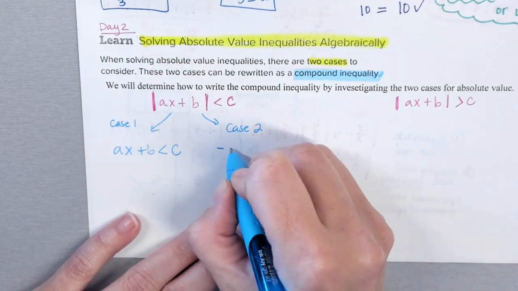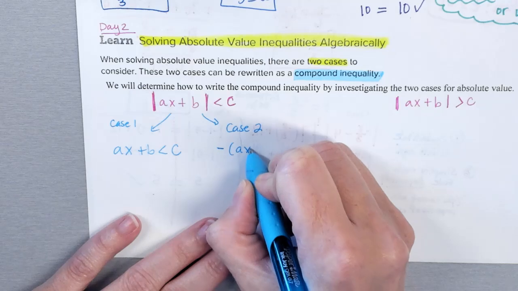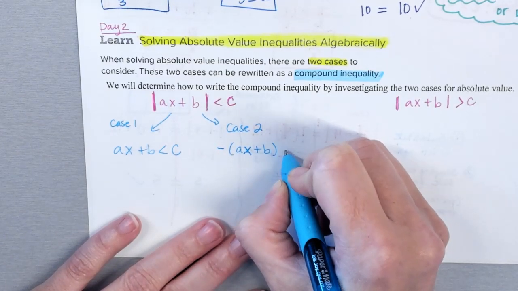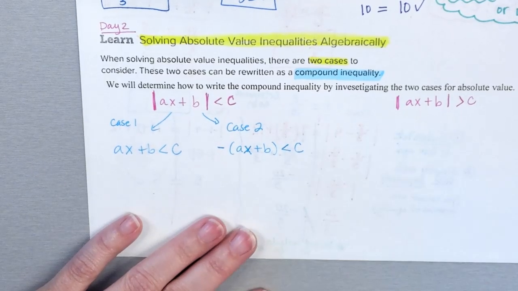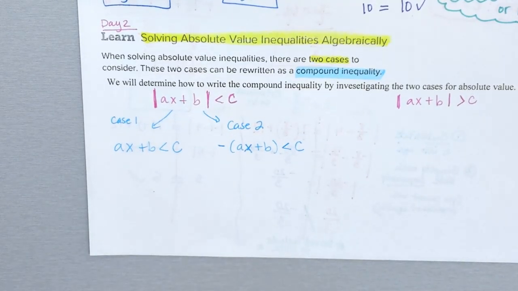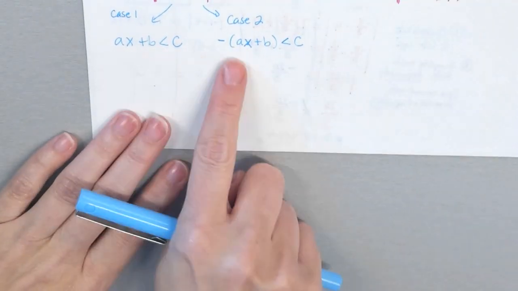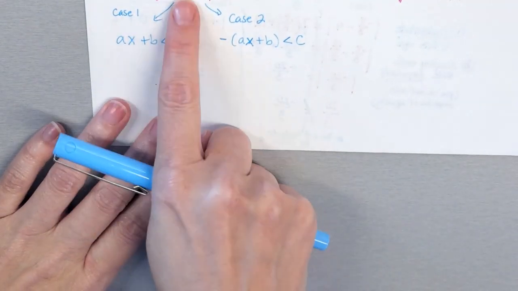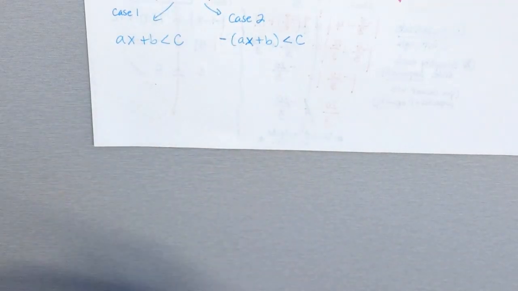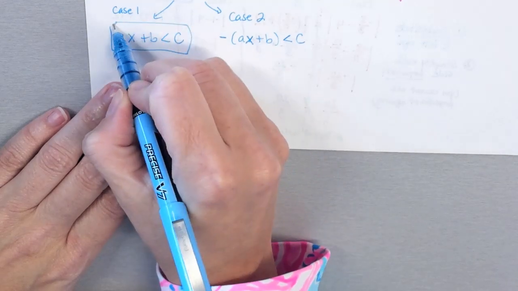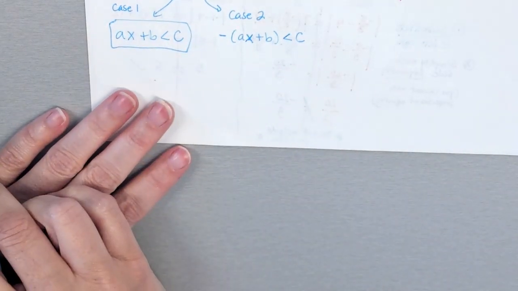So you can think of it like this. It could be negative ax plus b. It just has to be that whole quantity, and that would be less than c. We don't know what case we have. We either have the inside that's positive or the inside that's negative. For the first one, we don't have to go any further. We have ax plus b is less than c.